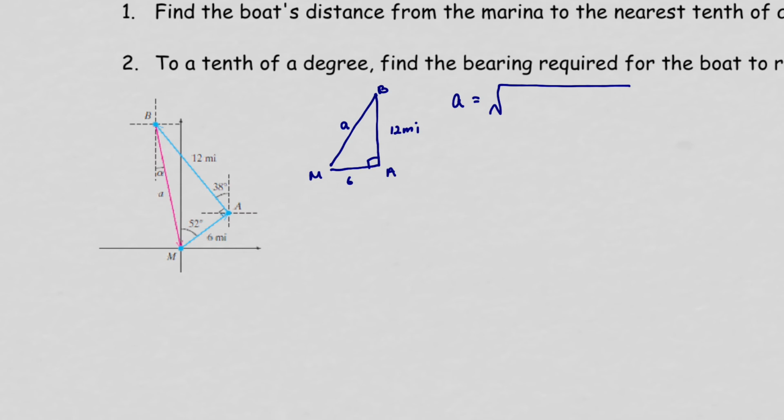Because we're looking for the longest side, we add the squares of both sides, right? So it will be the square root of 6 squared plus 12 squared, which gives you the square root of 36 plus 144, which equals the square root of 180. When you simplify the square root of 180, you get 6 square root of 5, which is close to 13.4. So your A is 13.4.